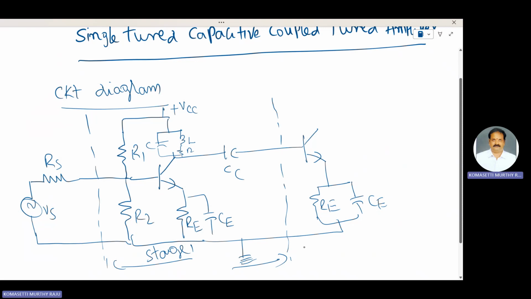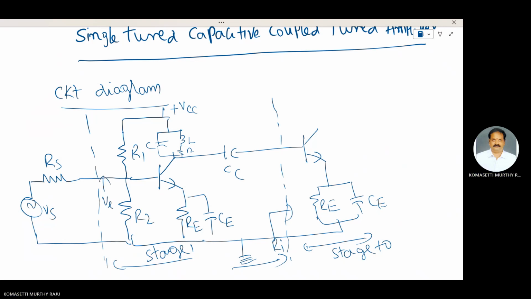Next to this one is stage 2. The input resistance of stage 2 here is RI. Here the voltage is VA. This is stage 1 and stage 2.